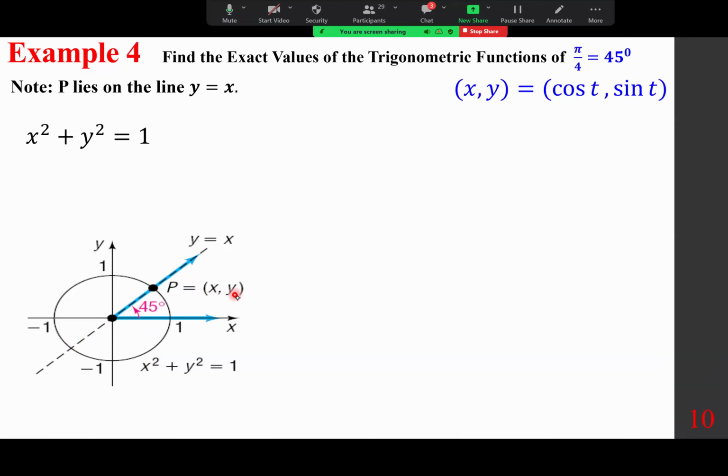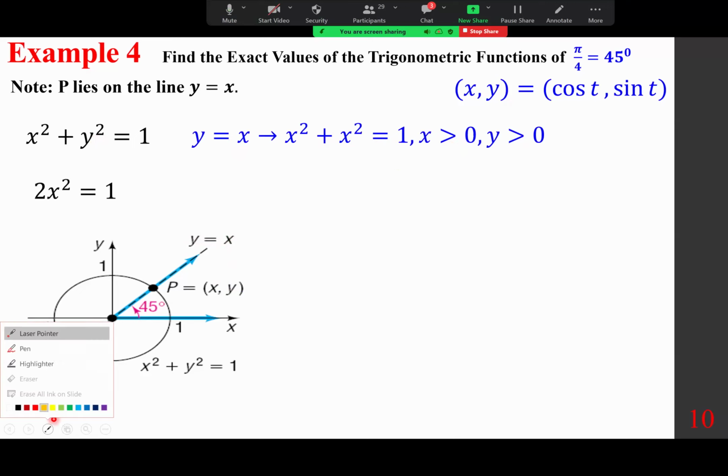And we know x squared plus y squared equals 1. However, because y is equal to x, if I replace the y with x, I get 2x squared equals 1. Of course, we are looking at x and y being positive. So x squared is 1/2.